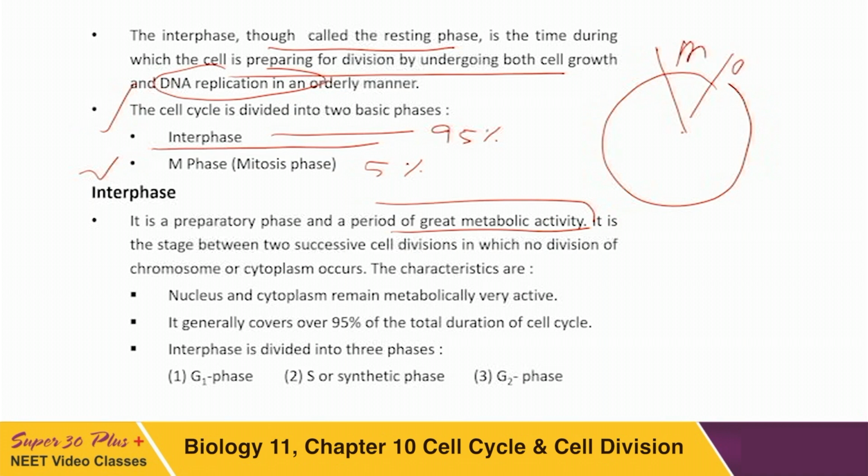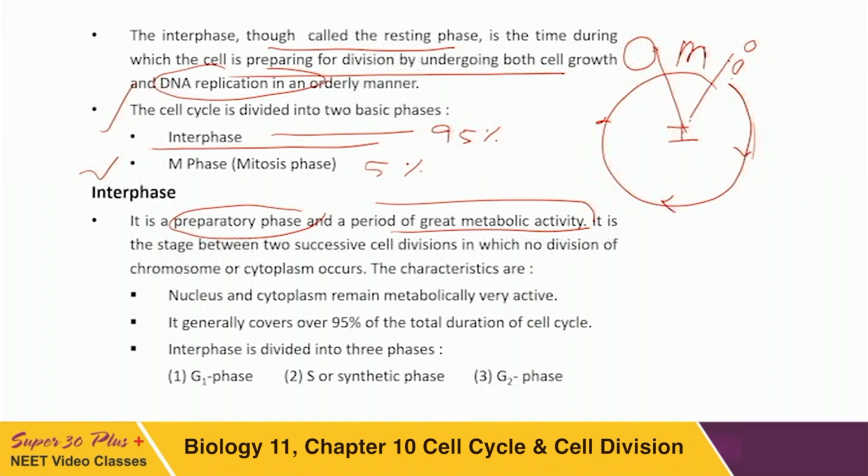The newly formed daughter cells now enter into interphase, and during this interphase they prepare themselves for the next cell division. So this interphase is also known as the preparatory phase, and it is the stage between two successive cell divisions. That is, this cell division is over and now the next cell division is to be started.